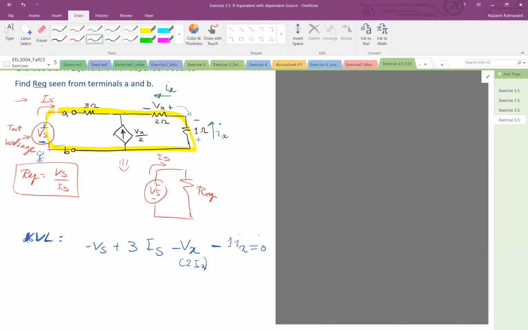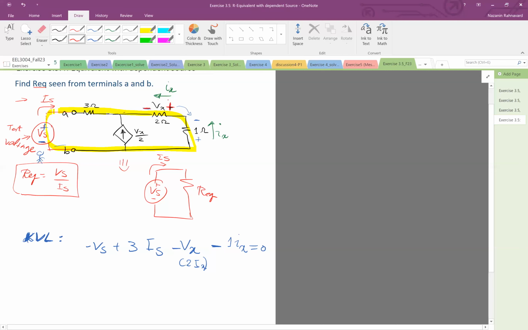You could do that, or you could also name this another current I1, and then you write I1, and you can go with that. Probably you need one more equation or so. But as you get more advanced, you can skip extra equations. What I did for this one, I didn't have a current, so plus and minus Vx was given.